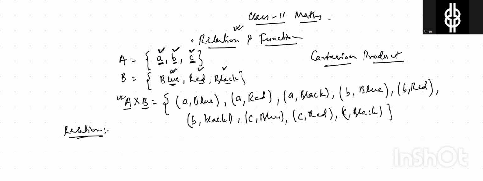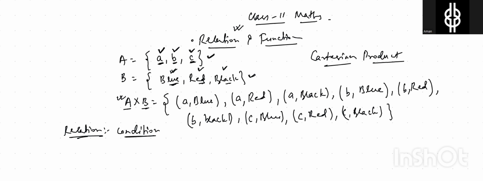For example, suppose A, B, and C are related in such a way that whatever is written in the first set and whatever is written in the second set, these are the initials. For example, the name of the color blue has B as the initial.